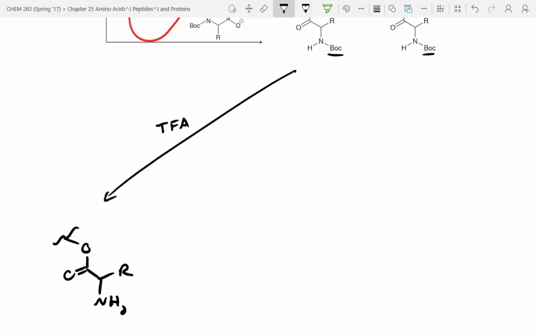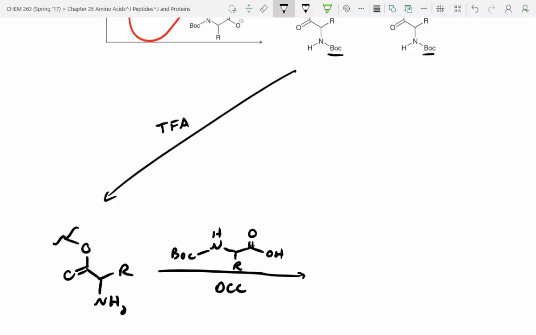And then what he could do now is just throw in more of your next amino acid that was already Boc protected. Do a peptide coupling reaction using what reagent? DCC. So he'd mix these two together, then he could do a peptide coupling reaction.